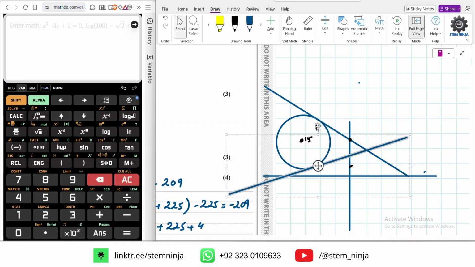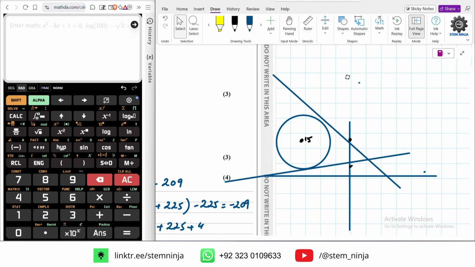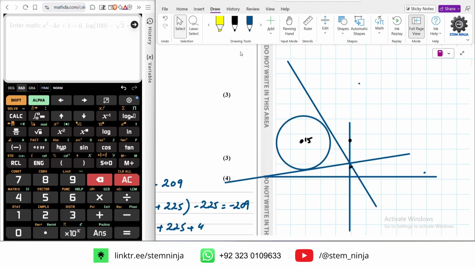Let's make it slightly realistic, like this. Okay, this is fine. I just realized this is 15 and this is 1. So obviously we would have points of tangents over here.